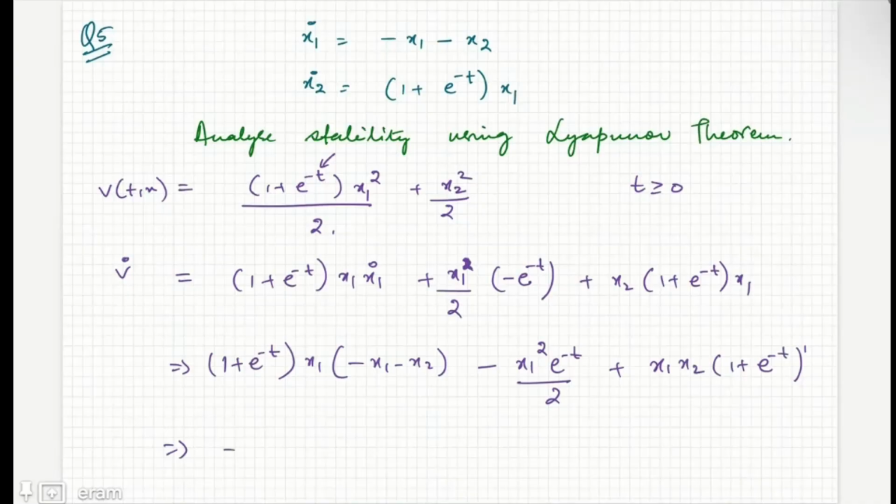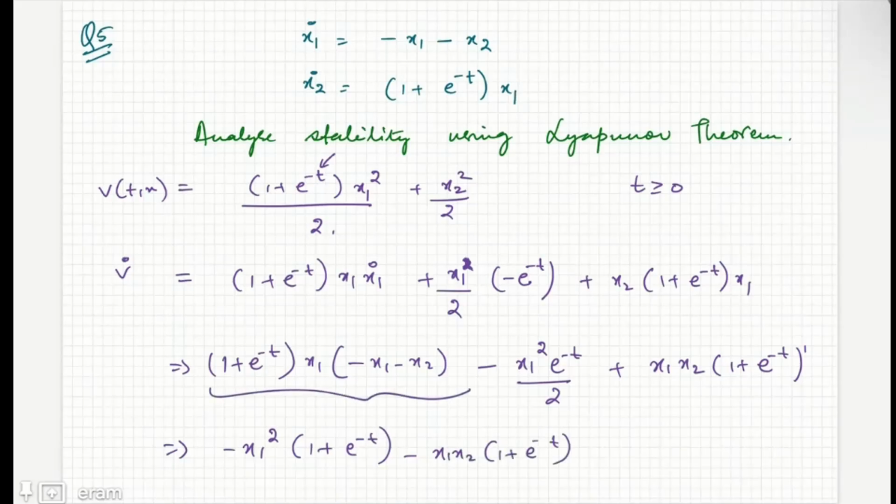That means it is minus x1 square 1 plus e to the power minus t and minus x1 x2 1 plus e to the power minus t for this term, and then this term is x1 x2 1 plus e to the power minus t and this negative term.